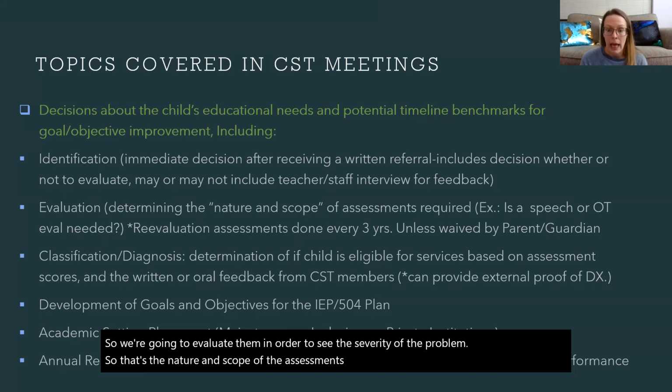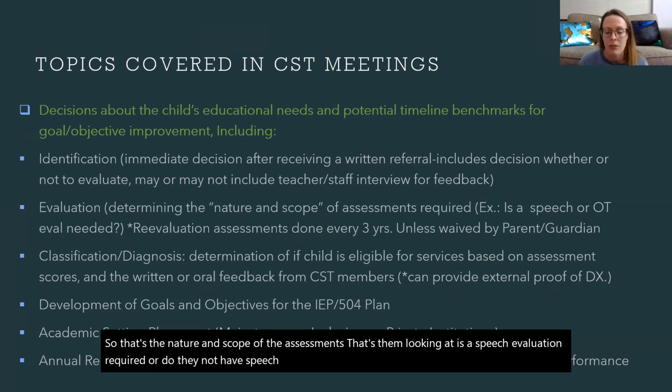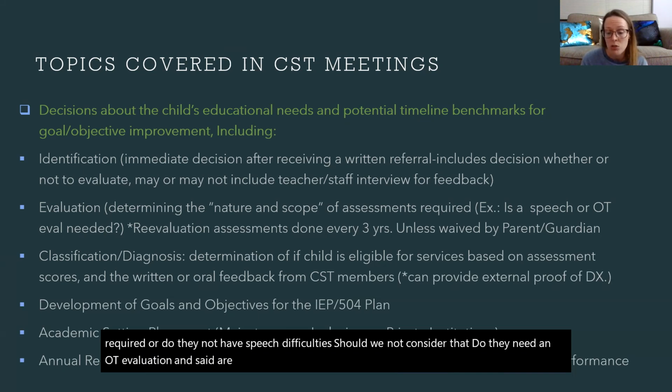That's them looking at, is a speech evaluation required? Or do they not have speech difficulties? Should we not consider that? Do they need an OT evaluation instead? Are there finer gross motor skills present that the teachers are seeing? If not, maybe not.